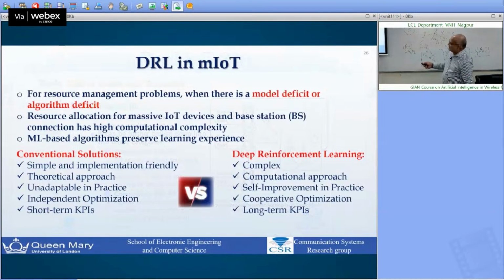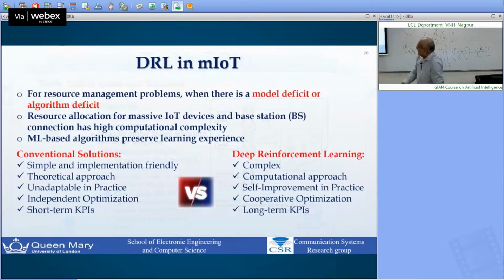So why are we using deep reinforcement learning here? The main thing is long-term reward. What is long-term reward? What is short-term reward? If you use the conventional solution, only during this time slot we consider how to maximize the number of devices successfully served.